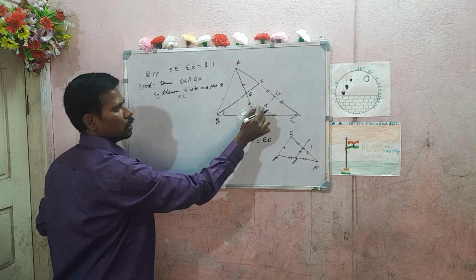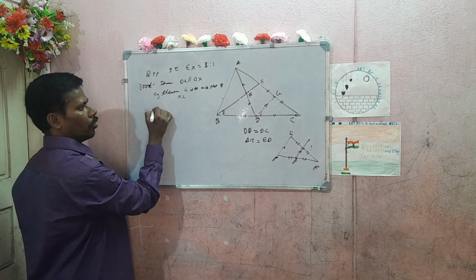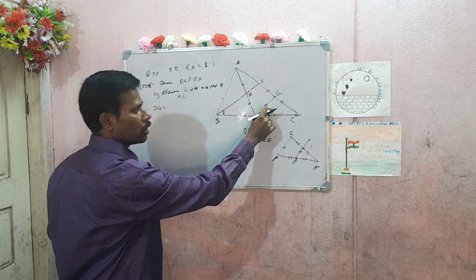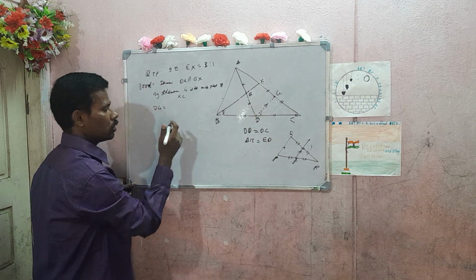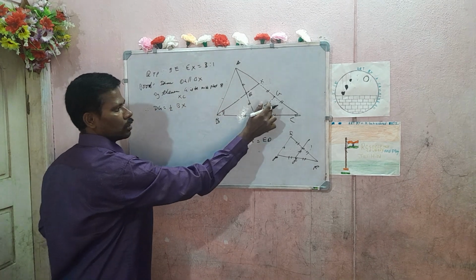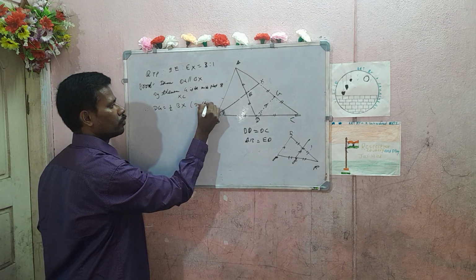Therefore, now D and G are the midpoints. Therefore, DG is equal to half of BX. And again this is also by theorem.